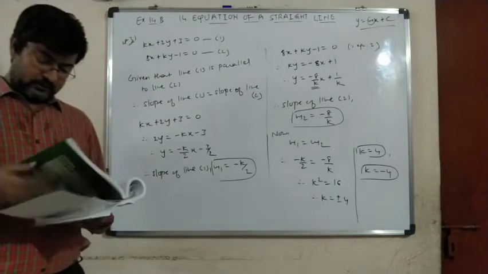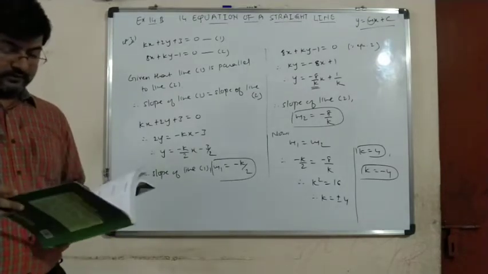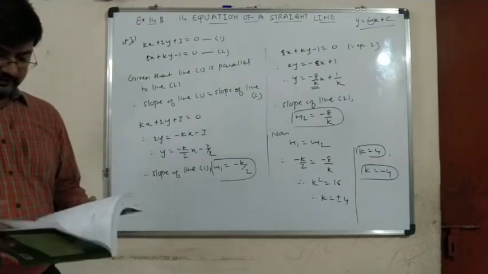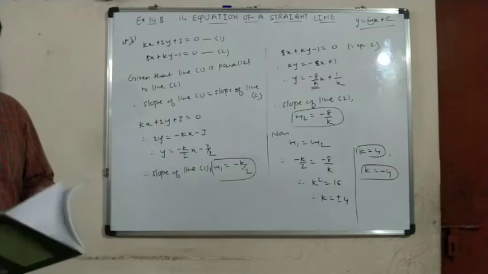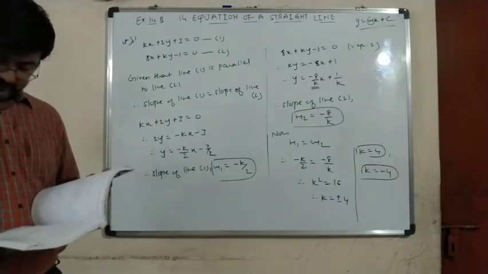Okay, so question number 3 of 14b we have completed. Clear? Now let us solve the next question, that is question number 4. Okay, the two lines are parallel.